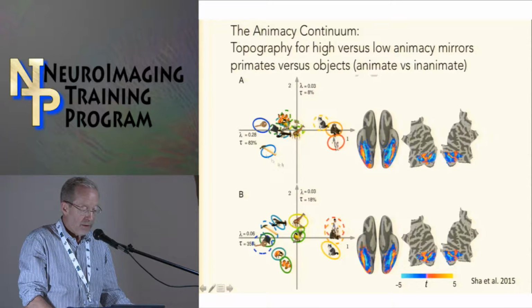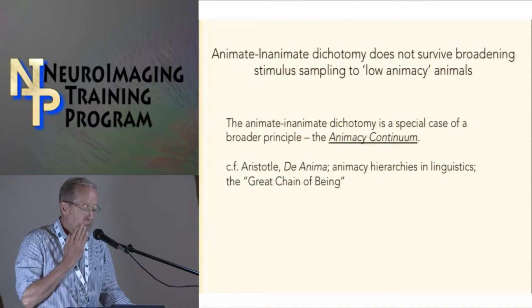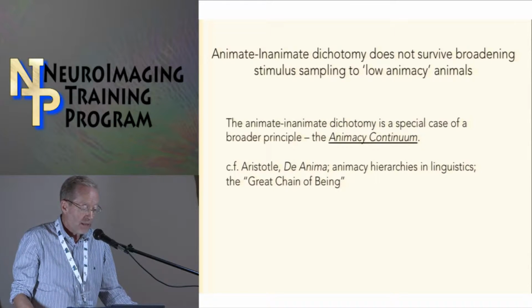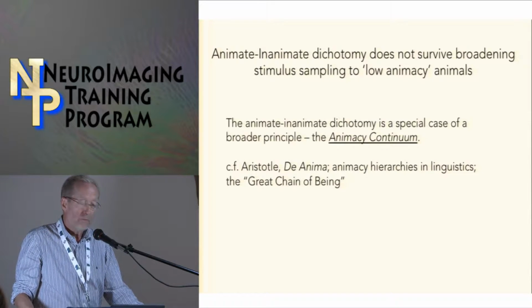And again, the topography for the primates versus objects is exactly the same as the topography for the animacy continuum of the animals other than primates, and not including the monkeys. So this suggests that the animate-inanimate dichotomy is actually a special case of a broader principle, the animacy continuum.